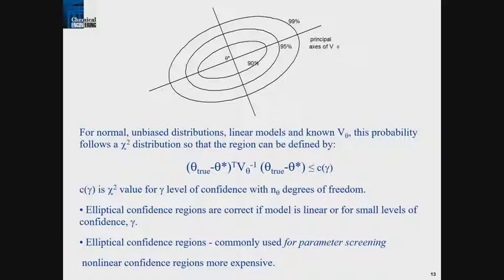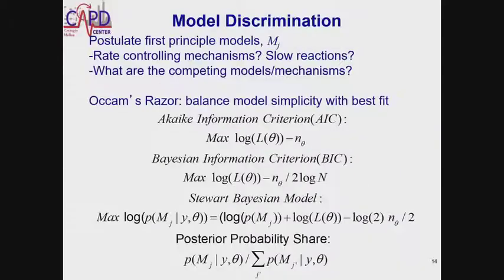We know that for nonlinear models, these are an approximation, and often a poor approximation. But nevertheless, we're going to use them because they're easy to calculate, and we can use this for parameter screening, especially because we know that nonlinear confidence regions are much more expensive to calculate. Okay, good.